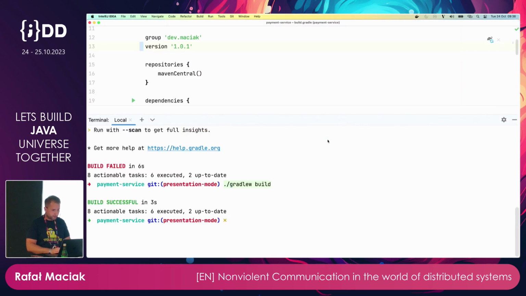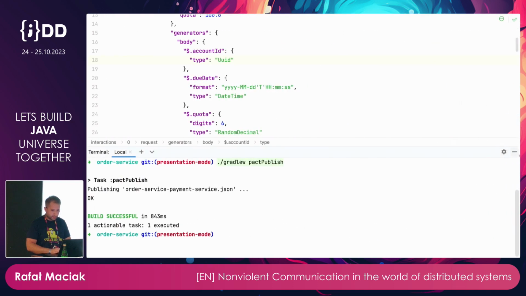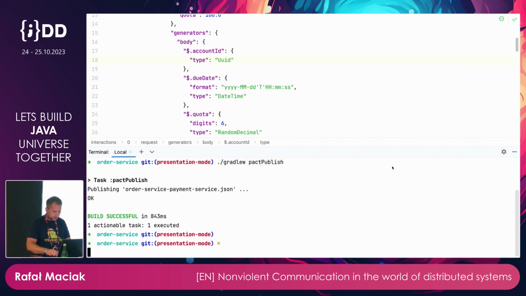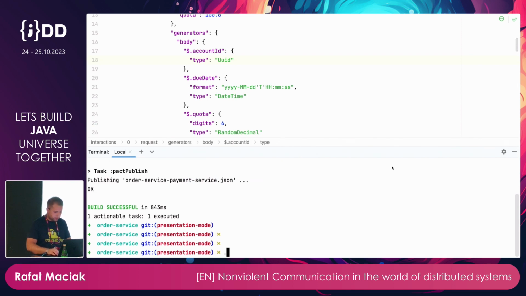So for that, I'm returning back to the order service, and yes, there is the Can I Deploy task that we can execute. Can I deploy? Okay. And we need to provide what kind of participant, what kind of service we want to check.